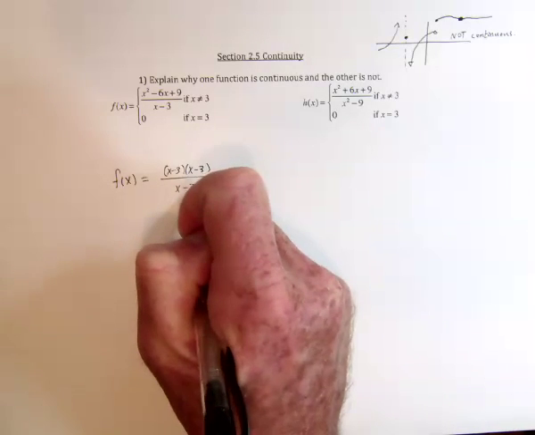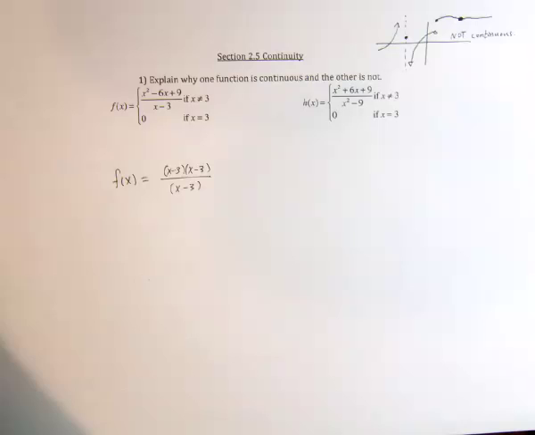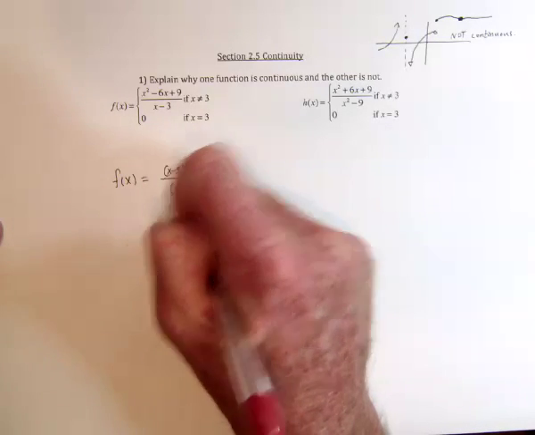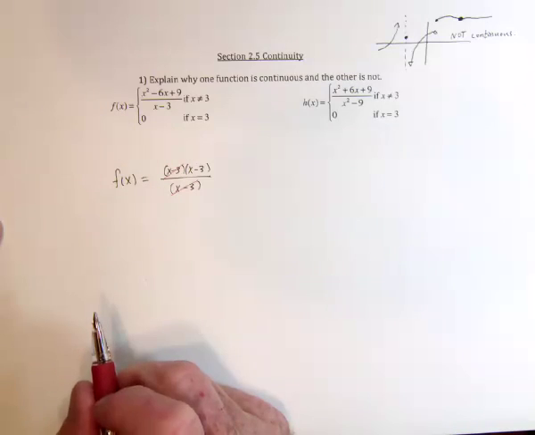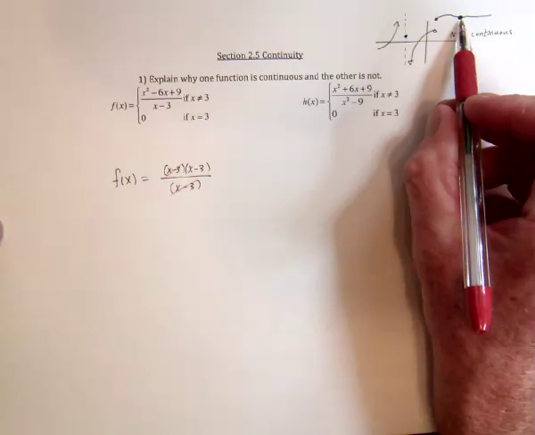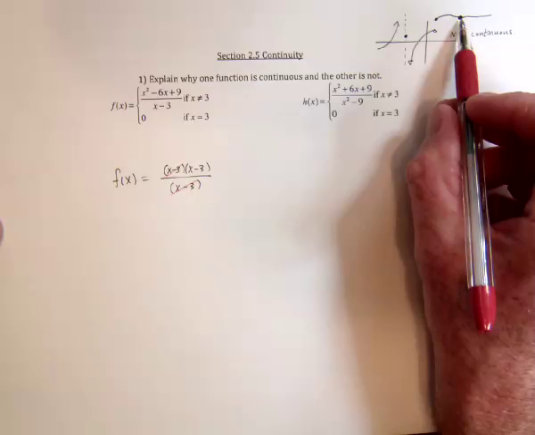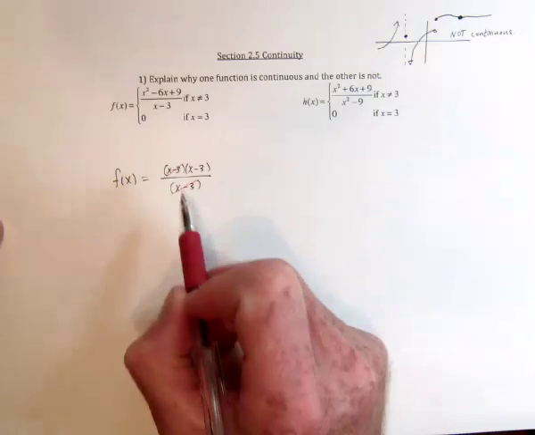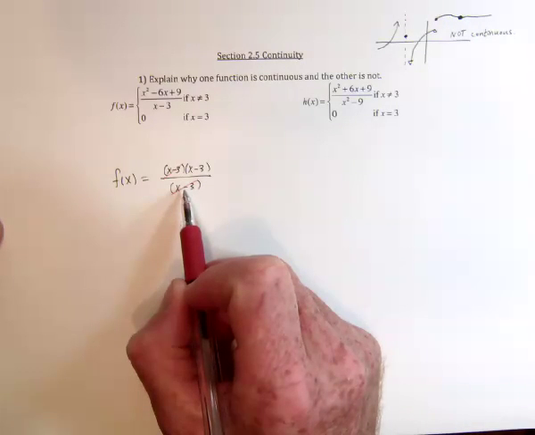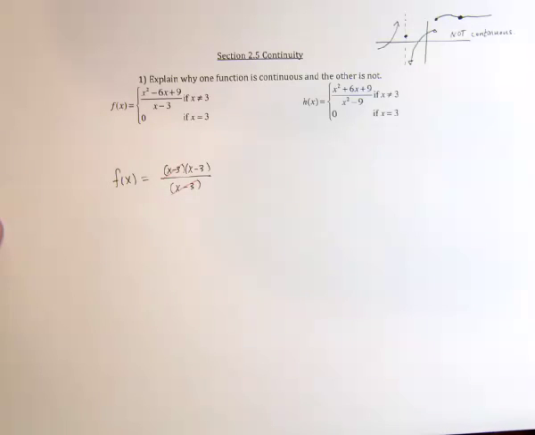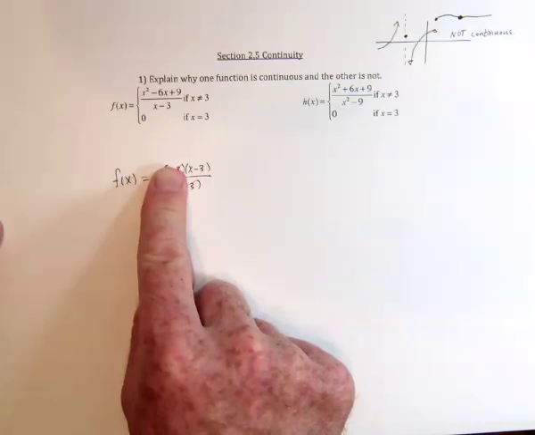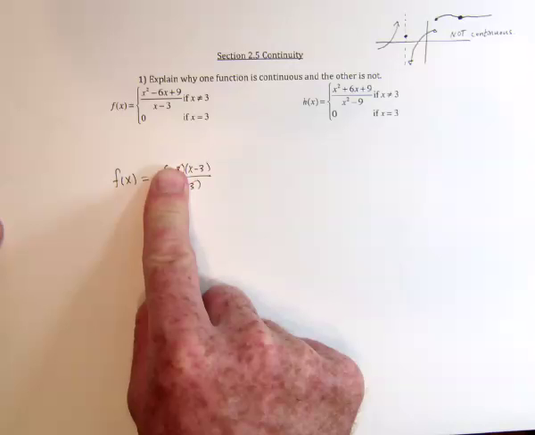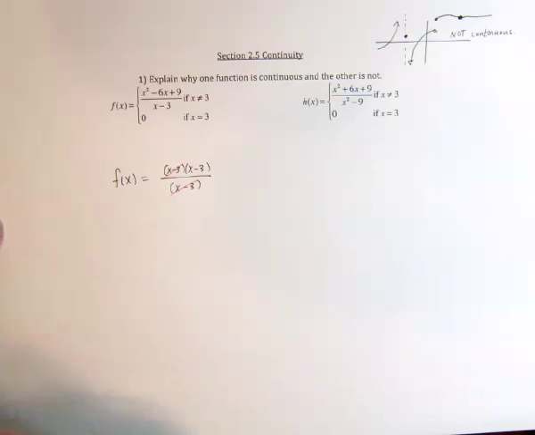And once we've done that, then this factor of x minus 3 can be cancelled. And that act right there, that's the same thing as filling in that dot and making it continuous, because I've just removed the thing that was causing division by 0. And so basically it's a function that is a line, x minus 3.